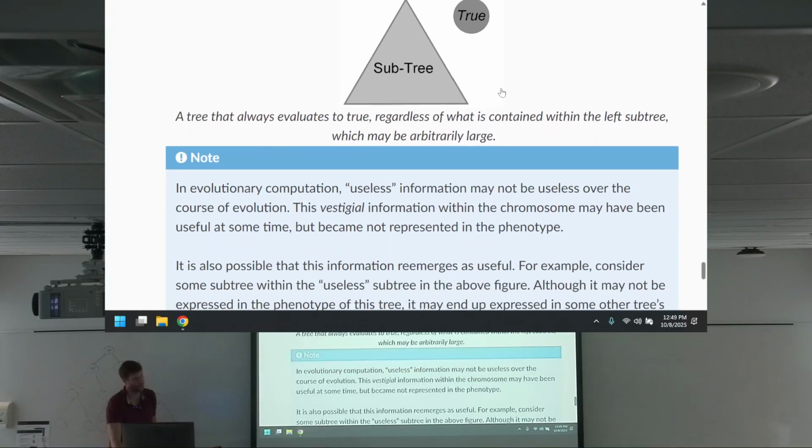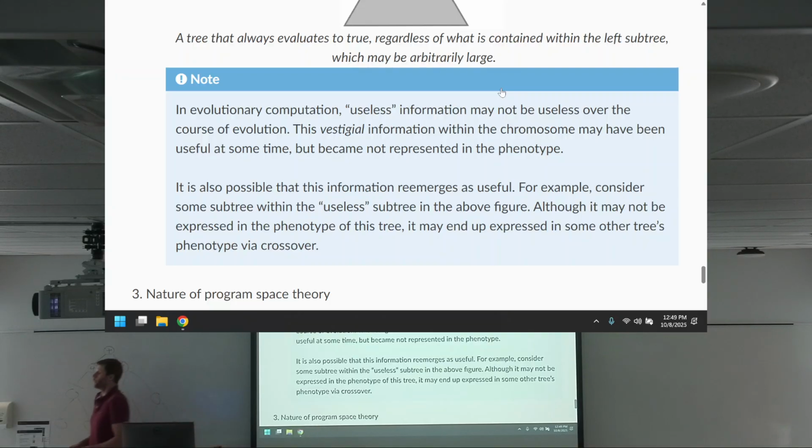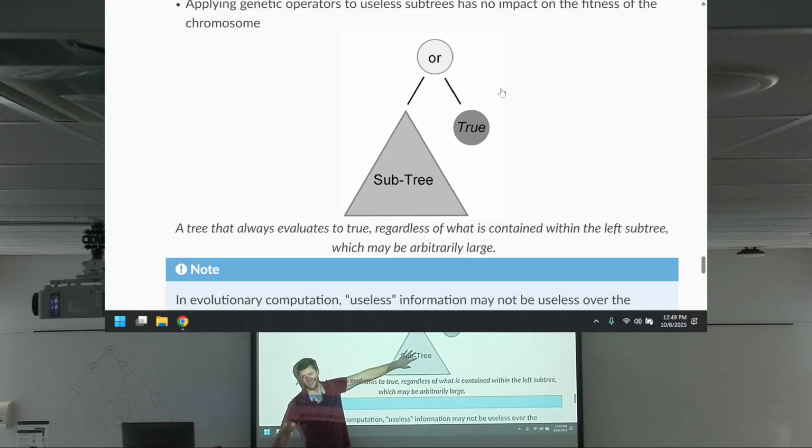Another point to be made here, that I should be careful to emphasize, is when I say useless information, what has been observed in genetic programming is maybe there's something in here that's lying dormant. Maybe there's something in here that was valuable to the individuals, and it got crossed over and it kind of disappeared from the population in terms of it being expressed in the phenotype, right?